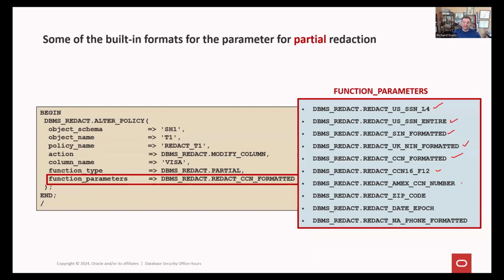And then since Amex has a different format, it's 15 digits instead of 16. We've got an Amex built-in partial redaction policy as well as zip code, date, and phone number. So we found that these are kind of the most common column data that customers want to redact. So we've got these built-in function parameters for you to use with partial data redaction.